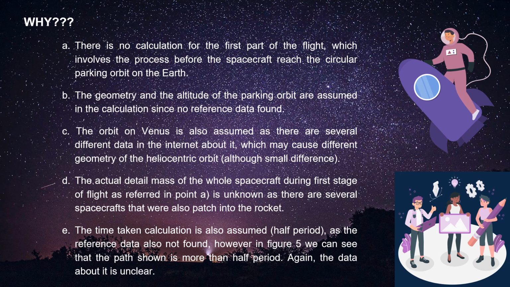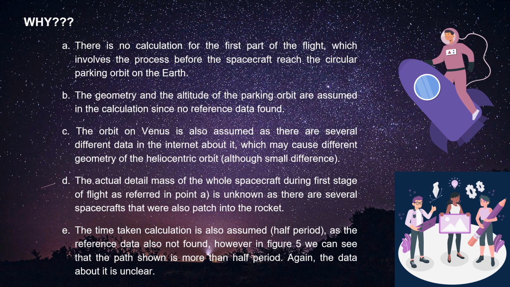B. The geometry and the altitude of the parking orbit are assumed in the calculation since no reference data was found. C. The orbit of Venus is also assumed as there are several different data on the internet about it, which may cause different geometry of the heliocentric or the transfer orbit, although the difference is small.